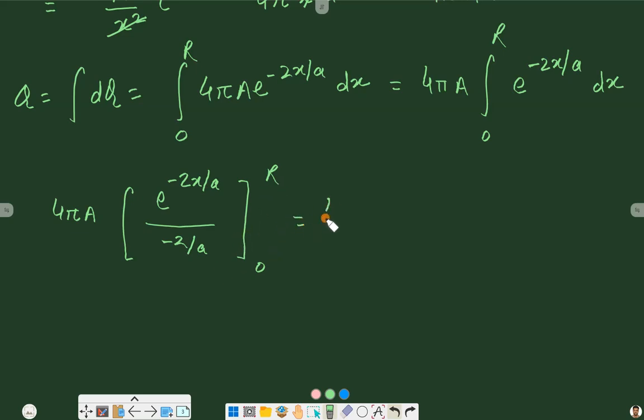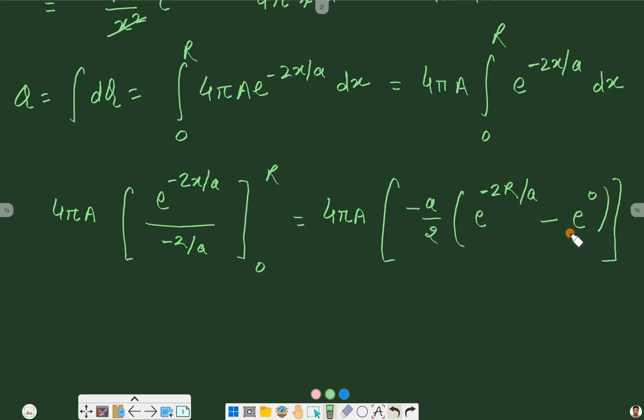Putting these values, 4 pi a as it is, this minus 2 by a will reverse, so it will become minus a by 2 into, putting values of limits, e raised to minus 2r by a, negative sign, lower limit, e raised to power 0, because when you put x equal to 0, this will become e raised to power minus 0, and that is e raised to power 0. We know e raised to power 0 is 1, and we already have a negative sign here, so we will adjust the sign. So 4 pi a into 1 minus e raised to power minus 2r by a. That's our first part.